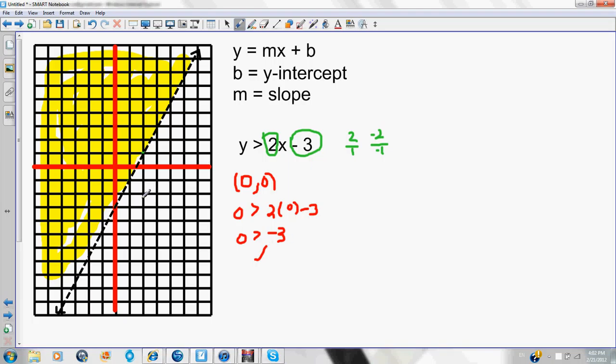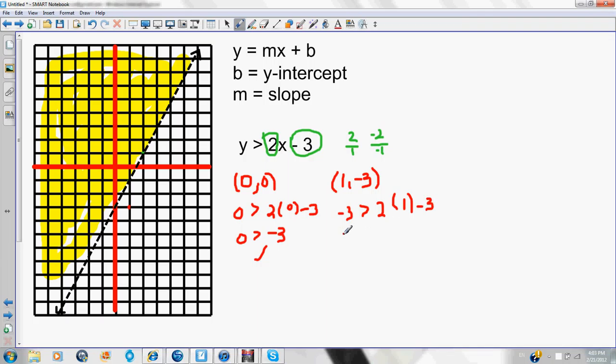So now we check the other side. Let's come over here and we'll check this spot right here. It's on the other side. It should not come up with a true statement. This is 1 and then down 1, 2, 3. So that point is 1, negative 3. So let's check. Y, which is negative 3, is greater than 2 times 1, which is the x, minus 3.